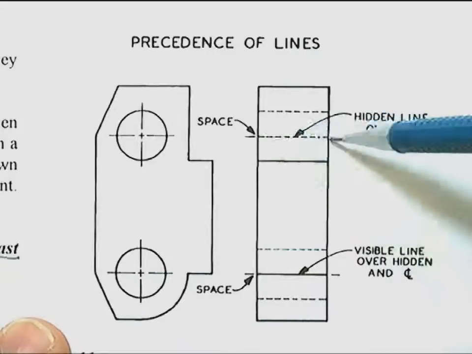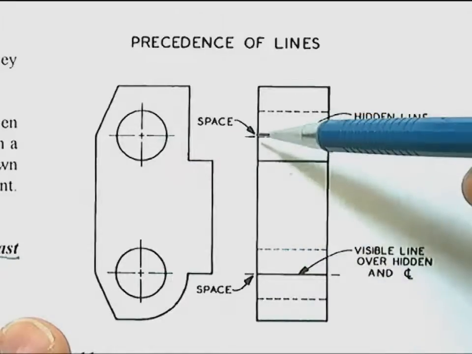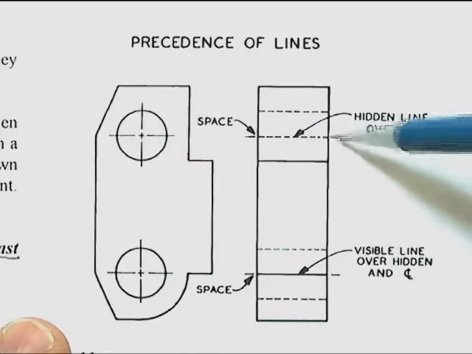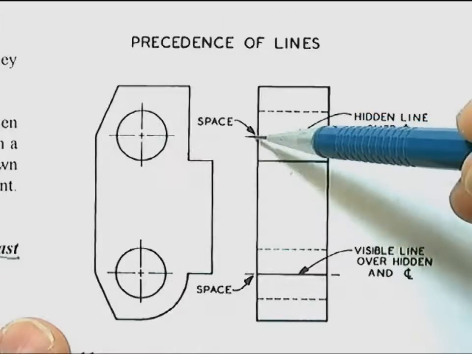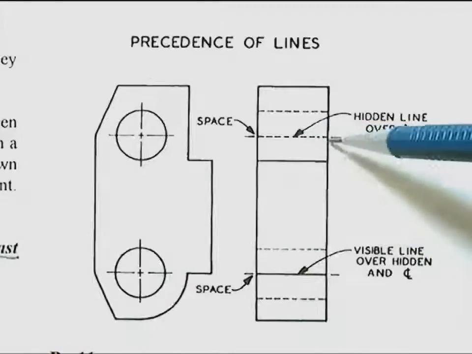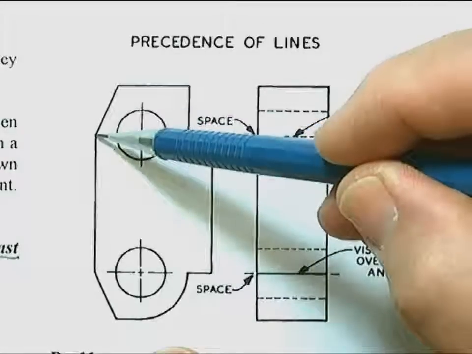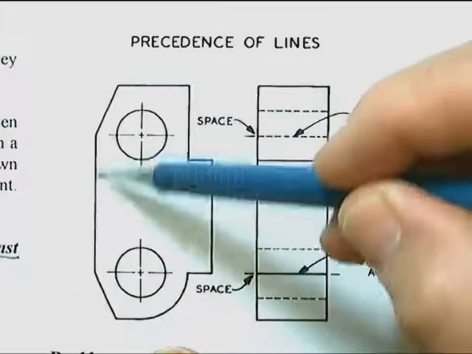The hidden line takes precedence, or is more important than the center line. But to not leave the center line unspecified in the right side view, we show a center. Now this hidden line is this little edge over here where the angle makes an edge with the normal surface.